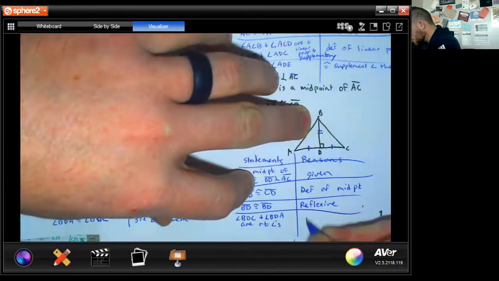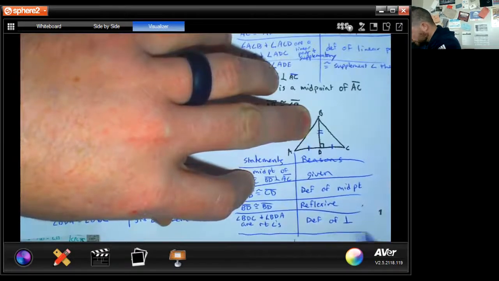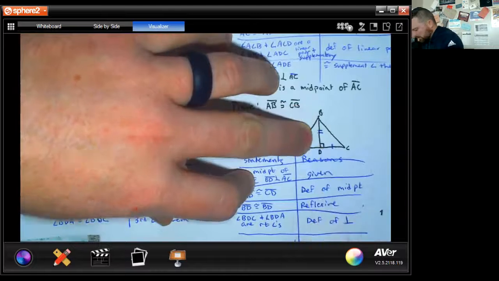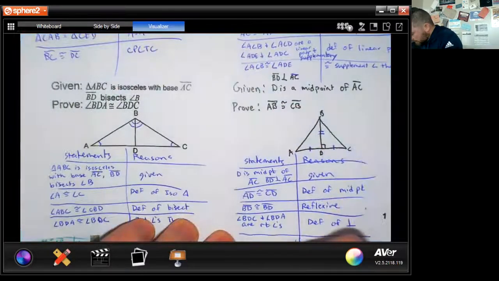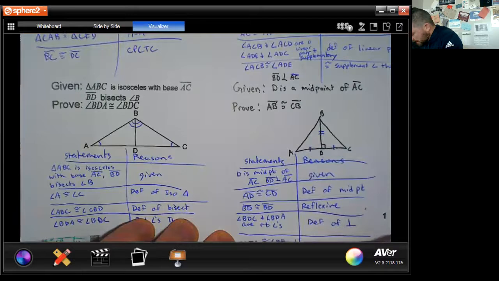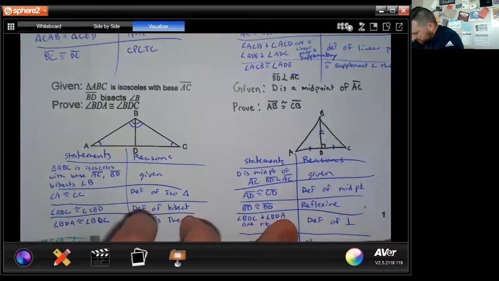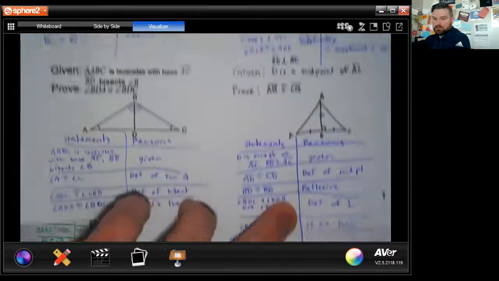That is definition of perpendicular. Okay, now those two are right angles, but they're also congruent. So angle BDC congruent to angle BDA, and that is the right angle theorem, which we're just talking about. That just says all right angles are the same.